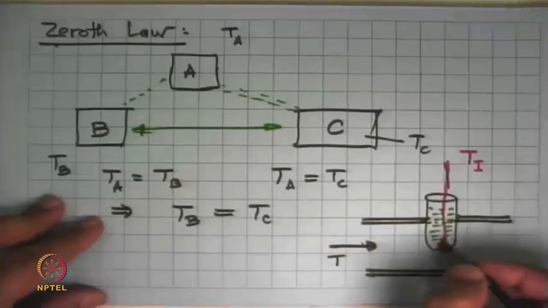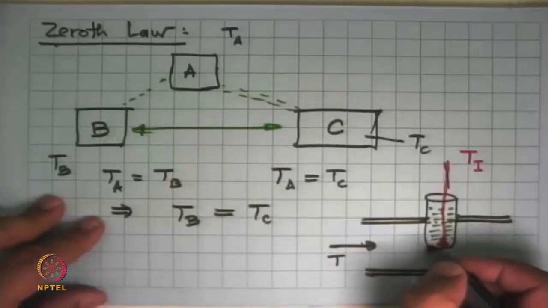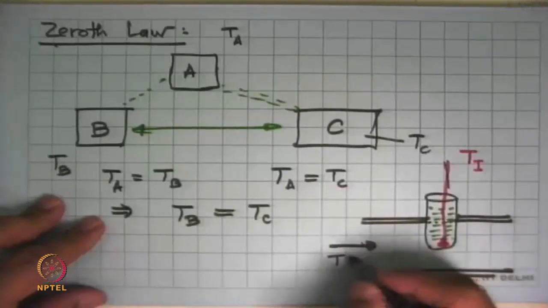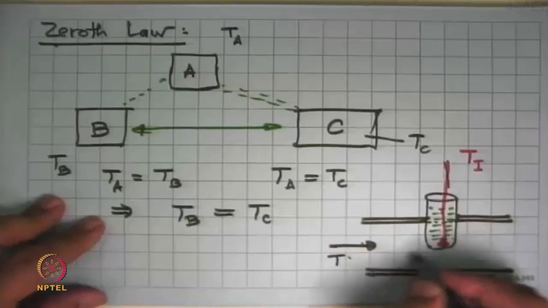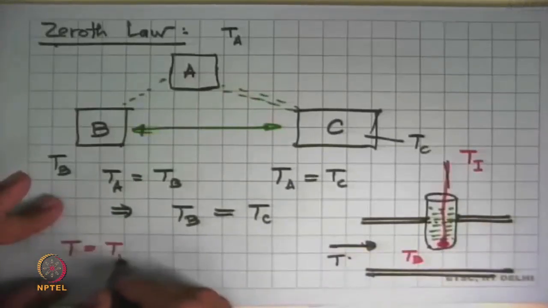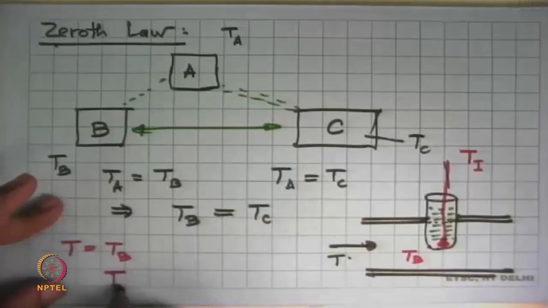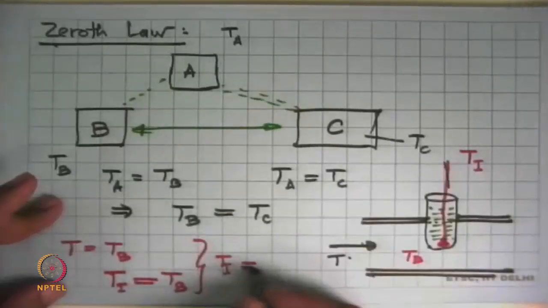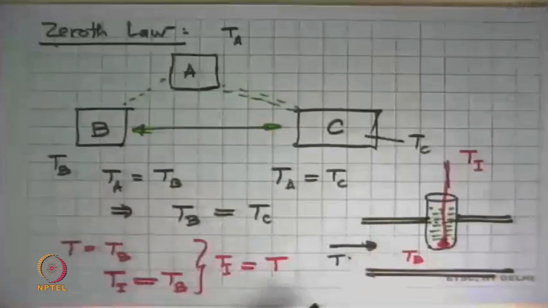And we say that this temperature is equal to the temperature of this tube, which in turn is equal to the temperature T. So the tube temperature is TB. Then we say that we know that T is equal to TB, and I'm measuring TI, which is equal to TB, and so my instrument is giving me the temperature of the fluid.